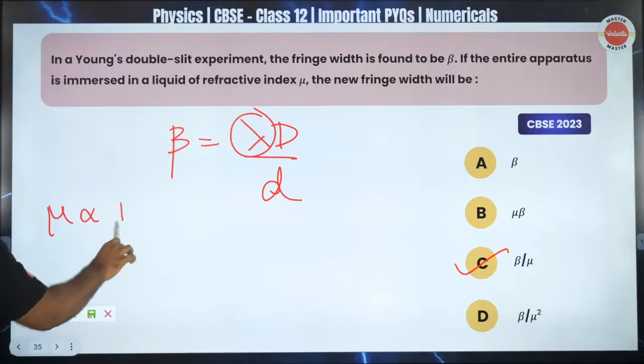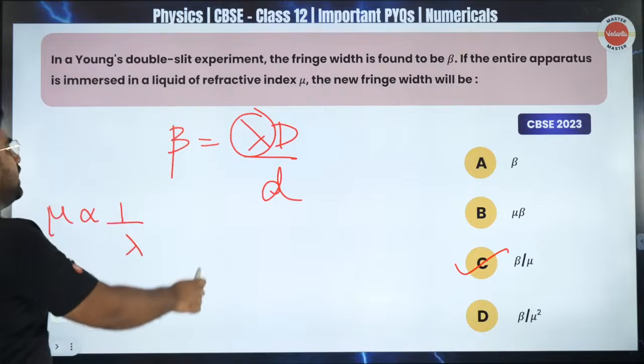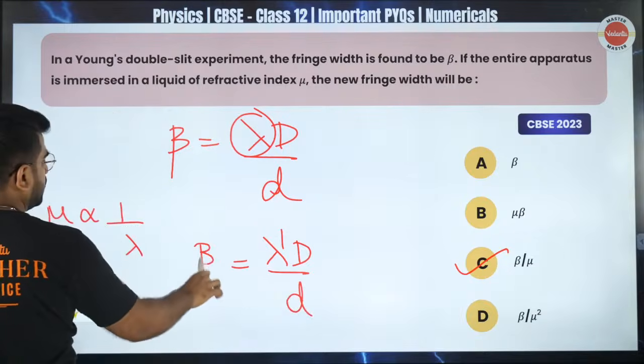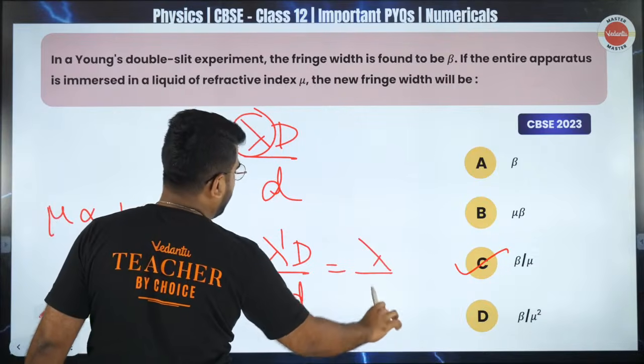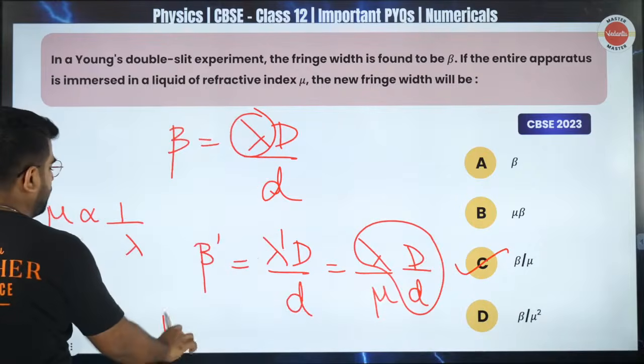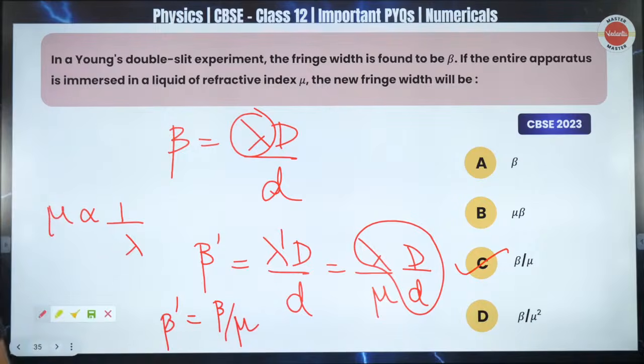If you immerse it in a liquid of refractive index mu, the new lambda will be the old lambda divided by mu. So the new fringe width is the old fringe width by mu. That's your answer. Are you all clear? Lambda depends on your refractive index. Very important.